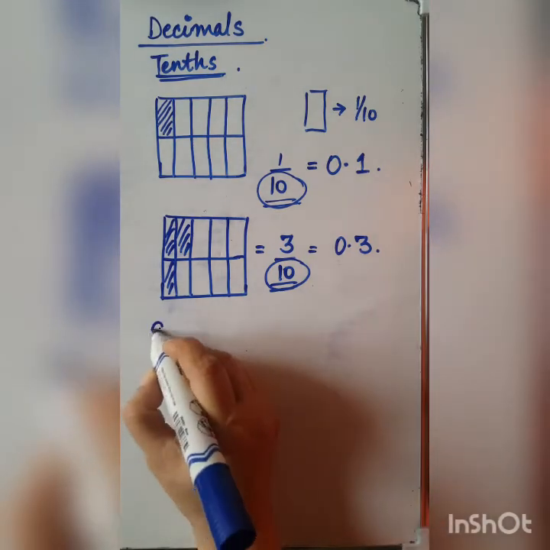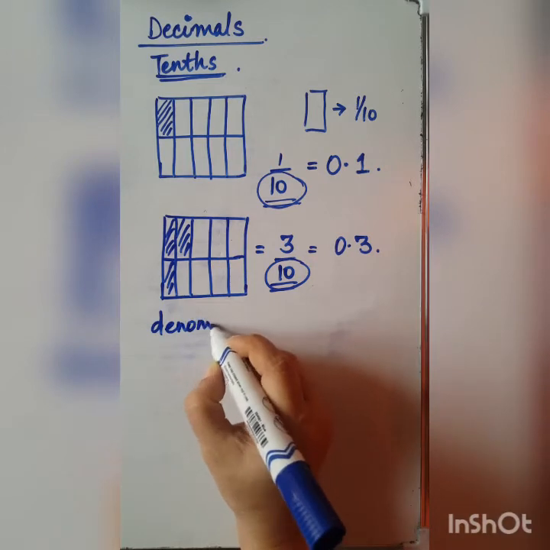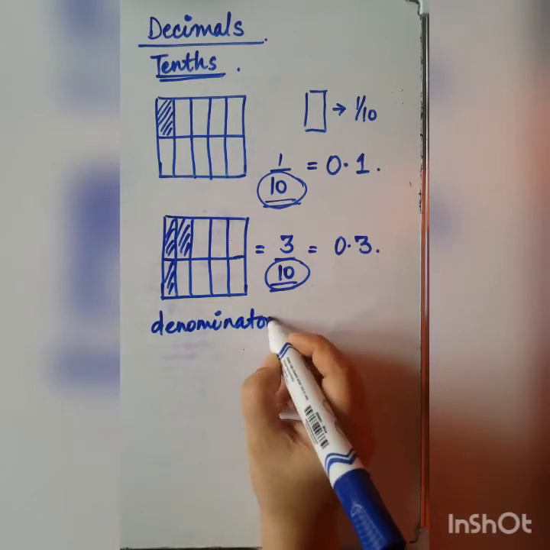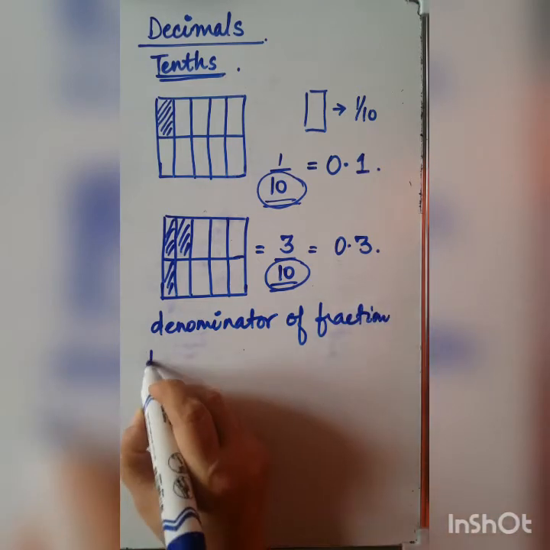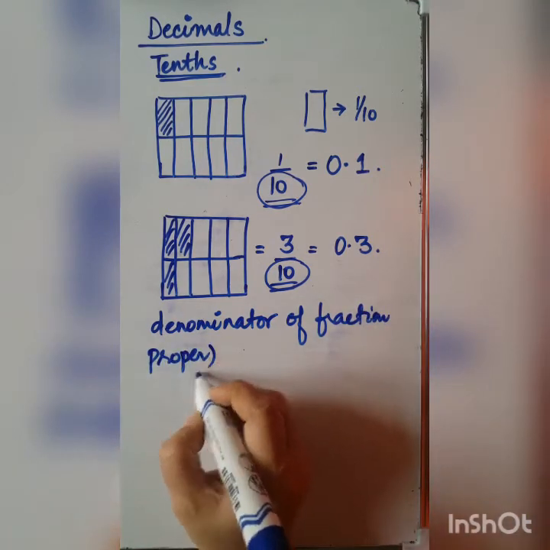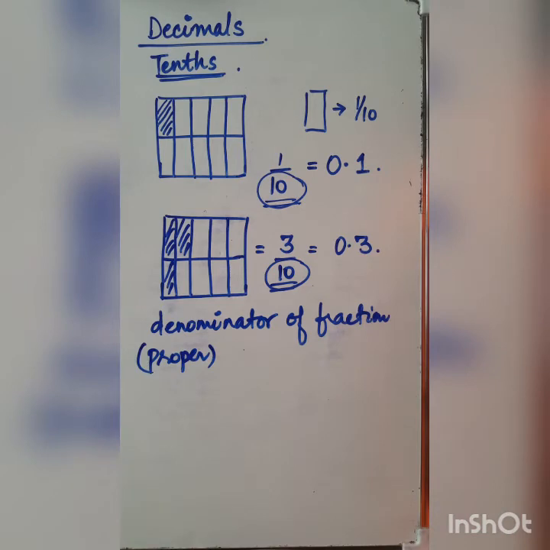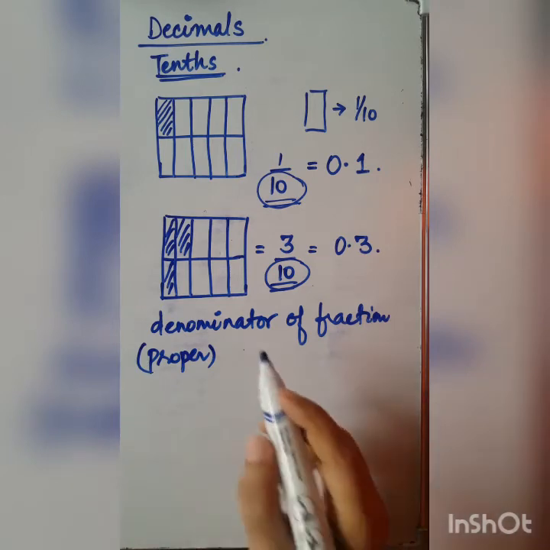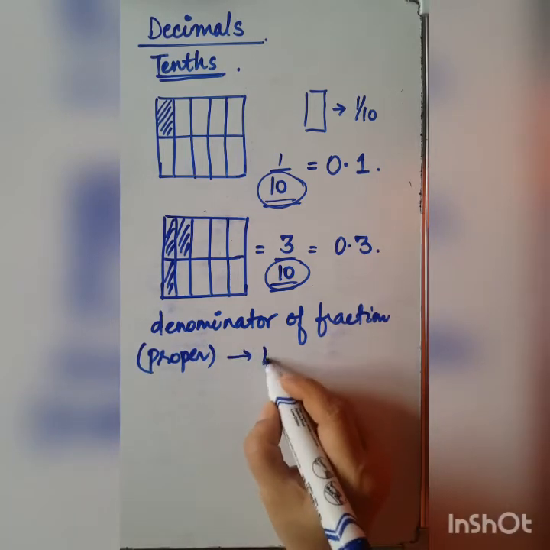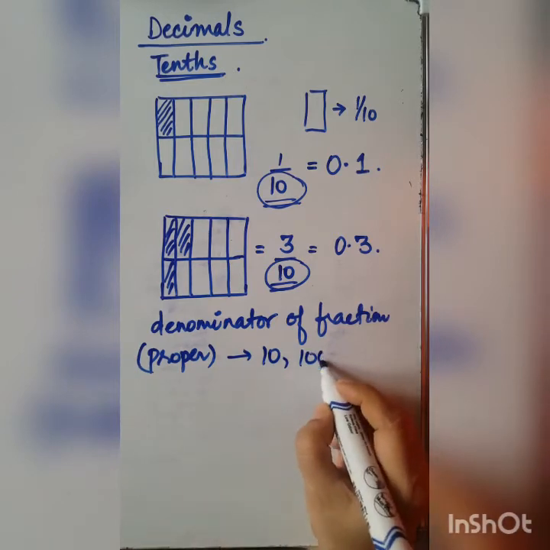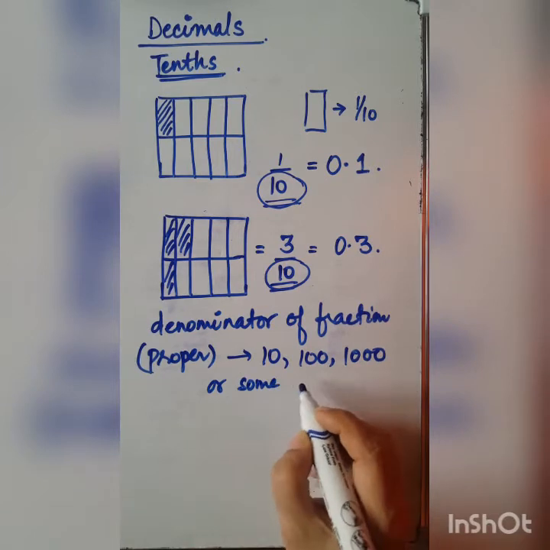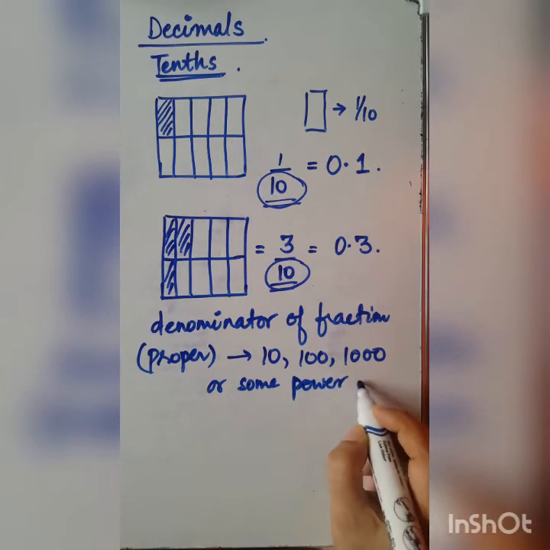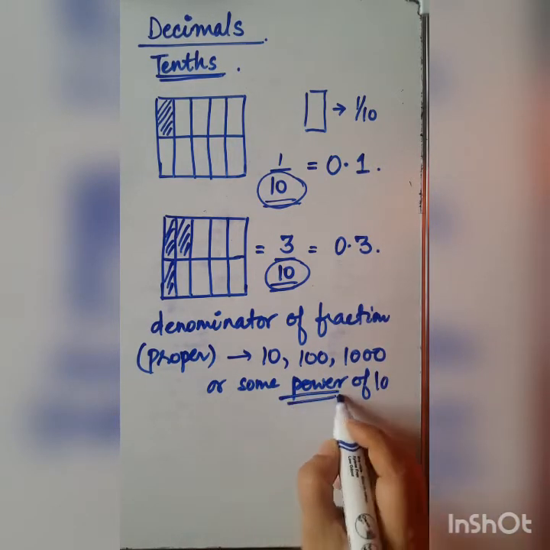If the denominator of a fraction is 10, which type of fraction? The fraction should be a proper fraction, because decimals relate to proper fractions whose denominators are 10, 100, 1000 or some power of 10. Now what do you mean by power of 10?